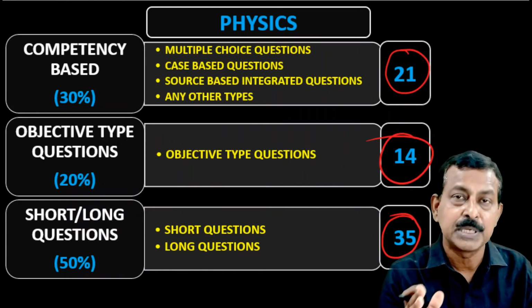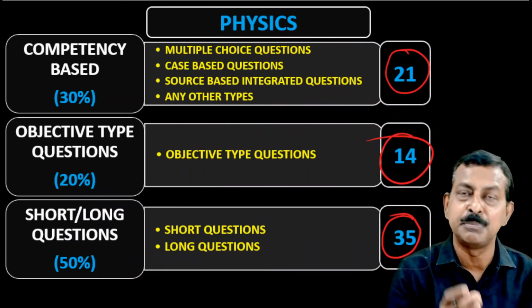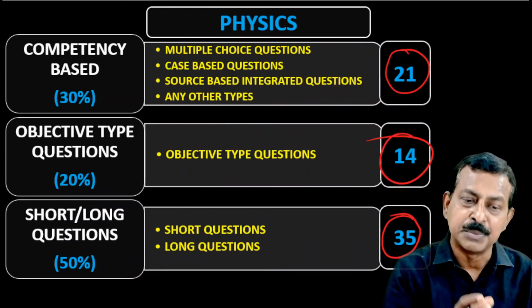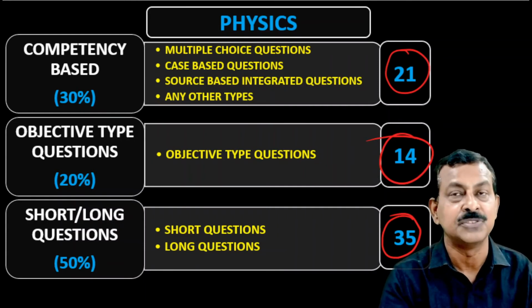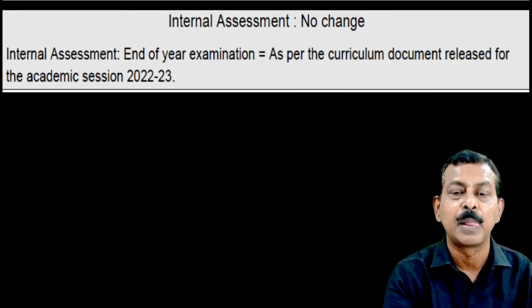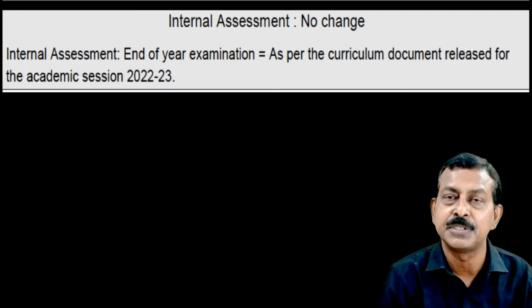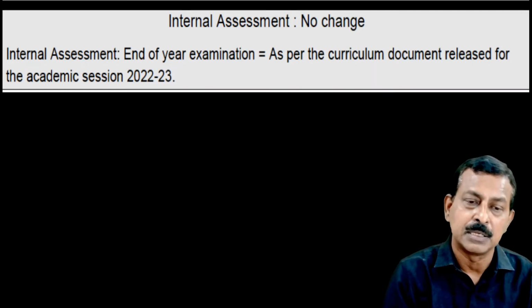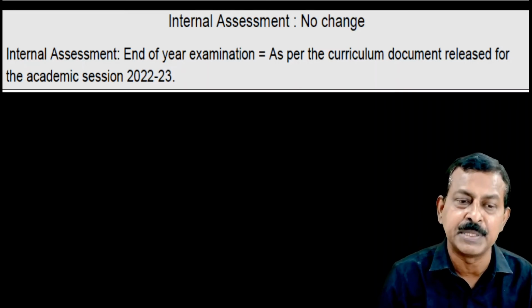If the theory paper is of 80 marks, correspondingly, we can find out the weightage of competency-based questions, objective type questions, and also short answer and long answer type questions. Whereas in the internal assessment, there is no change. Like here, the practical for physics was of 30 marks, so it will remain the same.